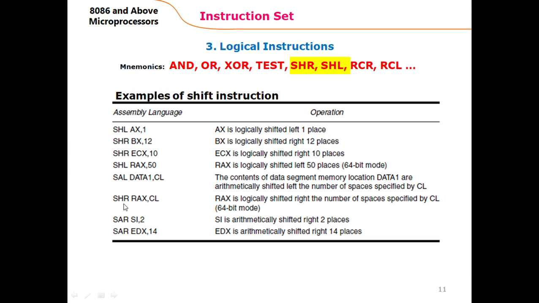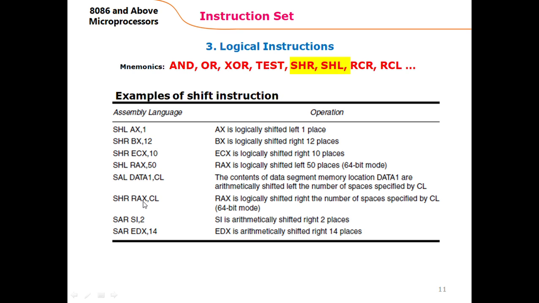Similarly, this is shift right RAX, CL. So CL is a register that would provide the number of places specified. So the number of places to be shifted is specified by the CL register, and the value to be shifted is provided in this 64-bit register RAX.